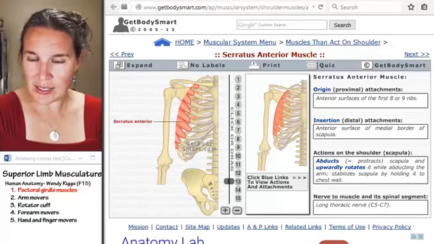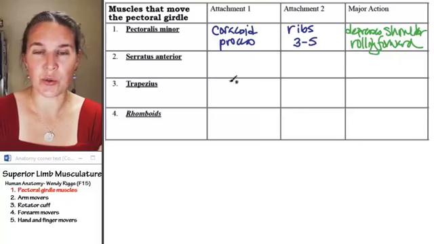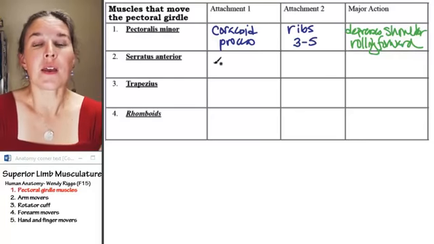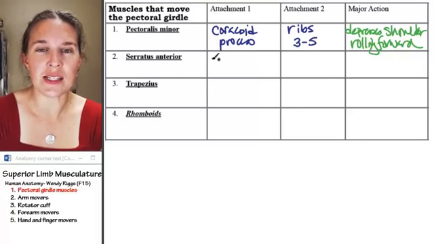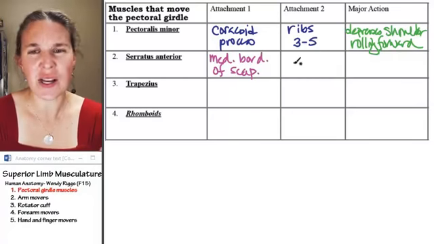Let's summarize. Serratus anterior is attached to, here's our scapula side, the medial border of scapula. You're cool with that. And then it also attaches to ribs, and I'm cool just calling it ribs.